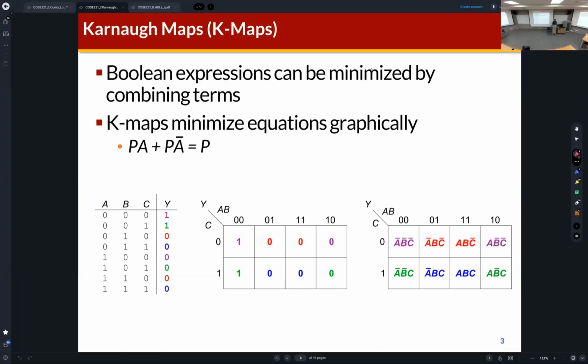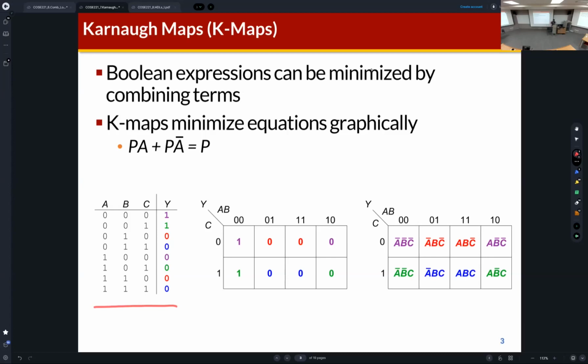Let me show an example. This is the truth table of a certain Boolean equation, and we learned that using the SOP form or POS form, we can implement this Boolean equation using basic logic gates.